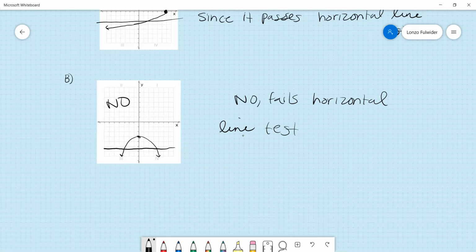Now, let's do 11. I think we stopped at... Okay, we're almost done.